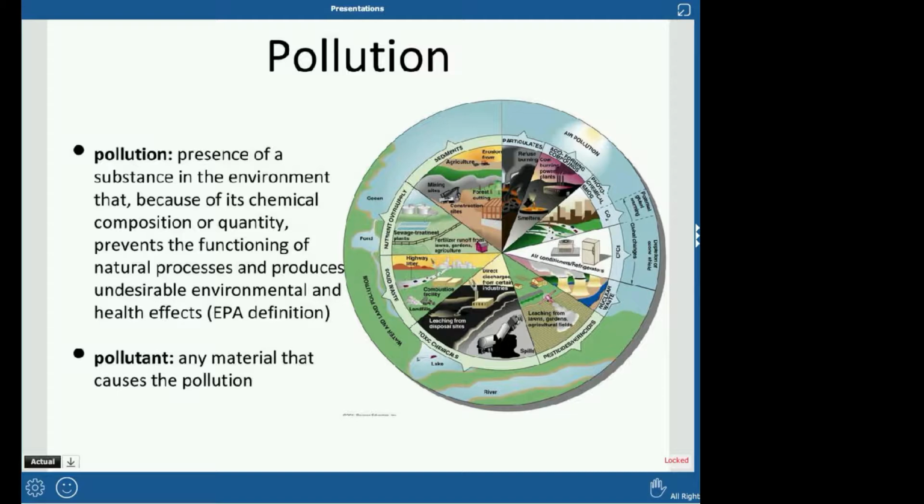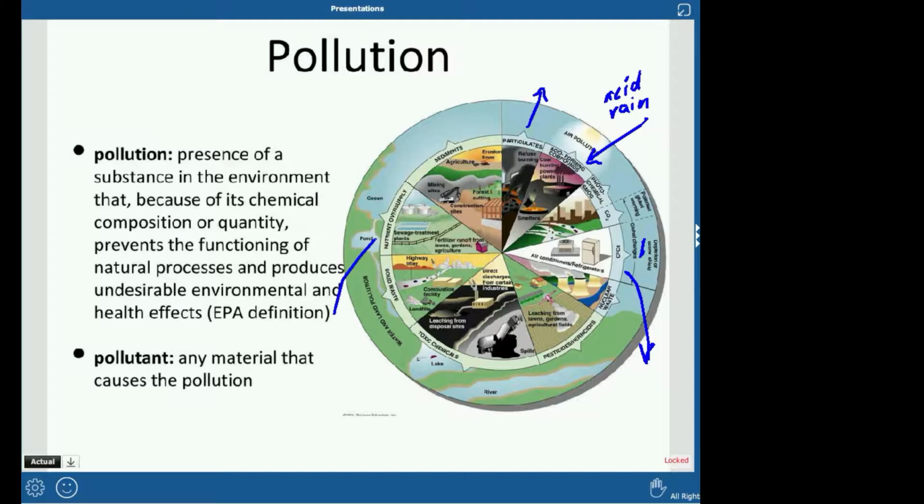So we've got CFCs here. These are the ones responsible for depleting the ozone layer. Acid-forming compounds cause acid rain. Particulates, that could be like if you've ever been in an area where it's real smoky and you get that smoke, dust almost, the ash falling down. That's a particulate.